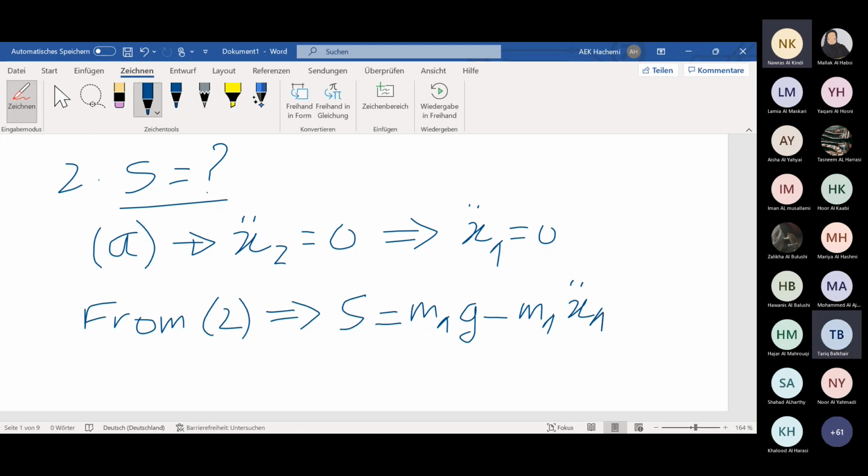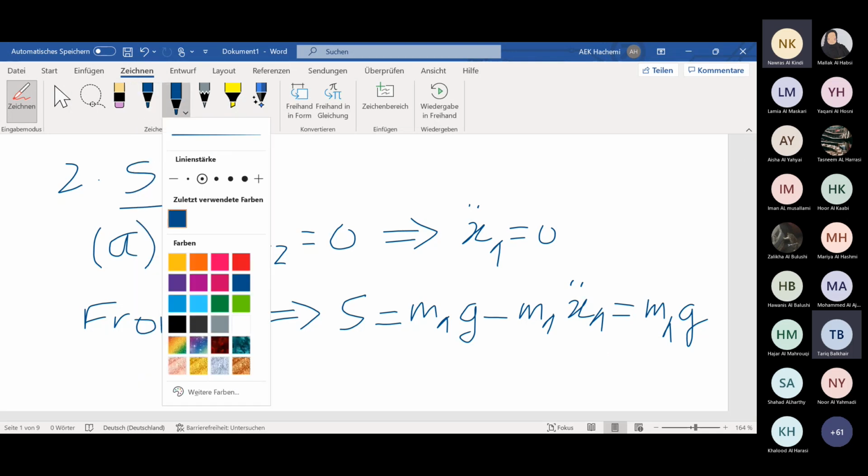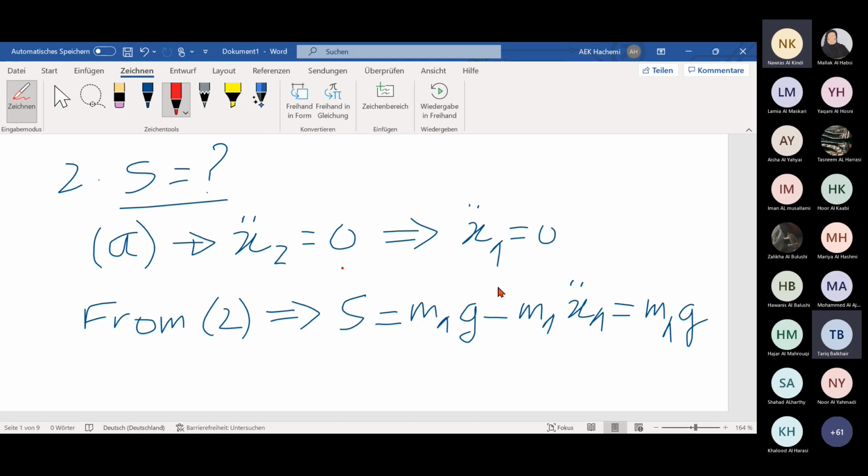This is the relation 2, and this is equal to M1 multiplied by G. We have in our case, as I said, this term is 0.